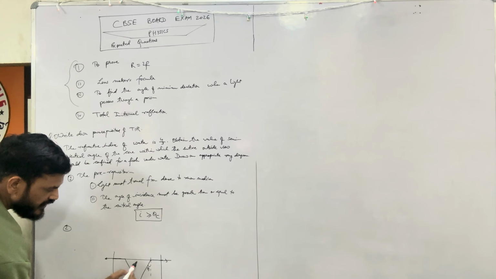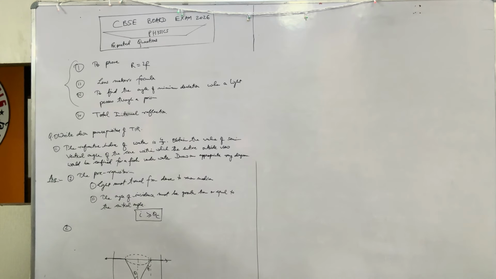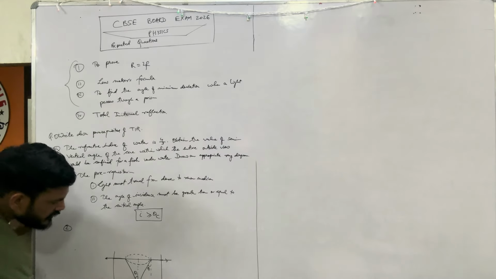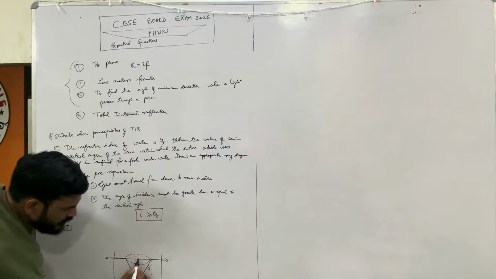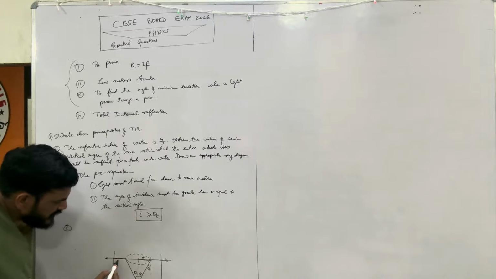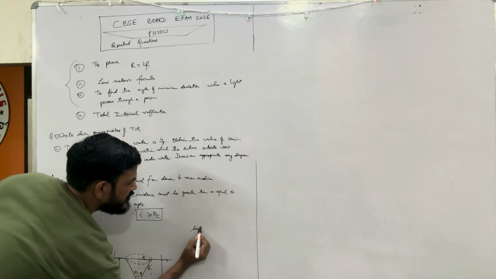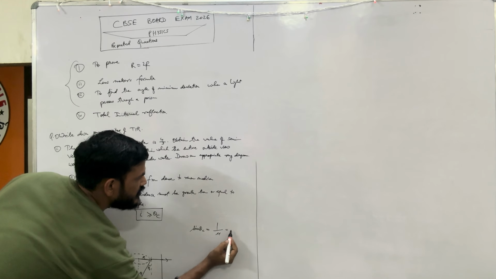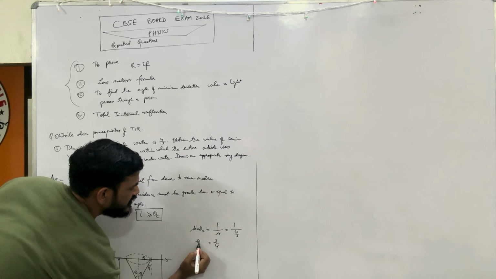So the fish will be able to look only in this cone whose semi-vertical angle is theta c. Since the cone is symmetrical, we want to find this radius r. Suppose the depth of the water is d. Sine theta c is equal to 1 by mu, so it is 1 by 4 by 3, which is 3 by 4.